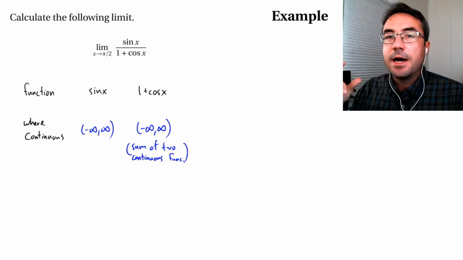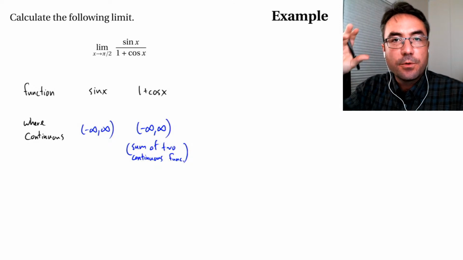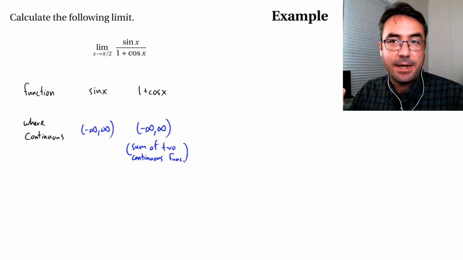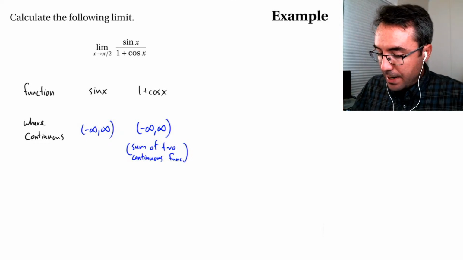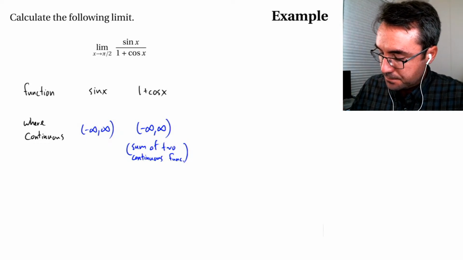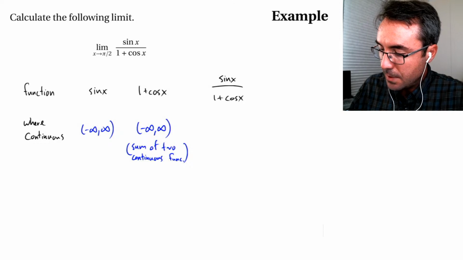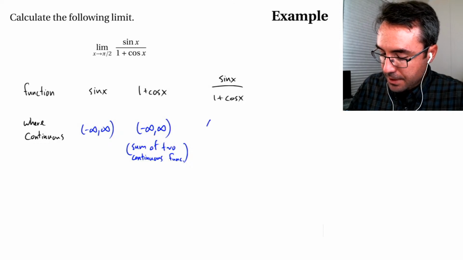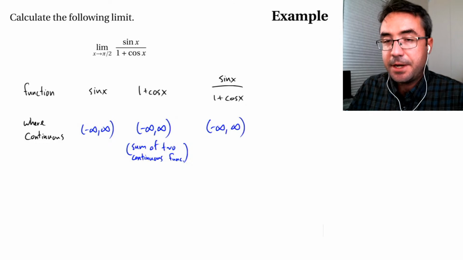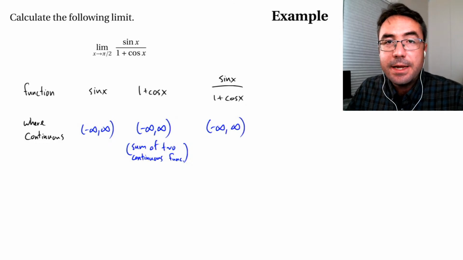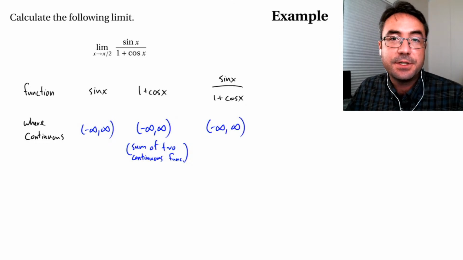So there's no restriction for the numerator and for the denominator. Now we are dividing, so that could introduce some restrictions here for continuity. So the interval is minus infinity to infinity, but we have to throw out any x values where the denominator is equal to 0.